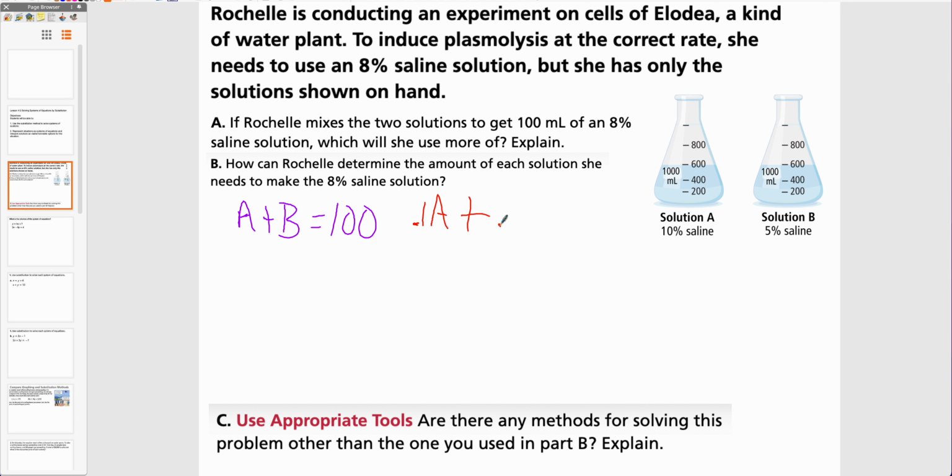This would be 0.05 of B, and what does it need to equal? Well, 0.08. Oh, wait, yeah, 0.05, I wrote that correct. It needs to equal 8%.